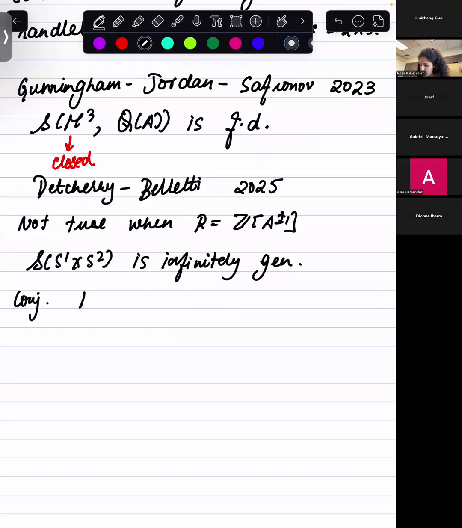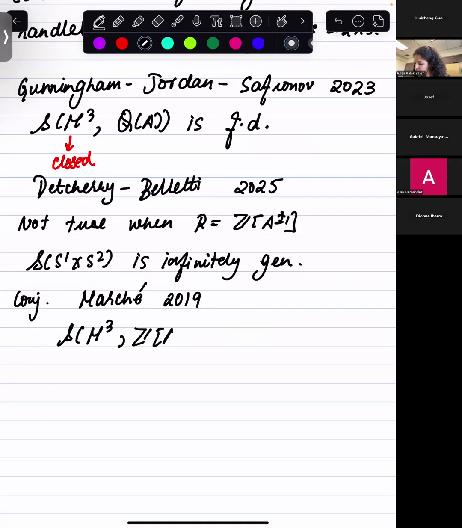So there was a conjecture by Julien Marché from 2019, I believe. What he said essentially was that the Skein module of a closed oriented three-manifold, when you work over the ring of Laurent polynomials, you can write as the sum of some number of free modules.